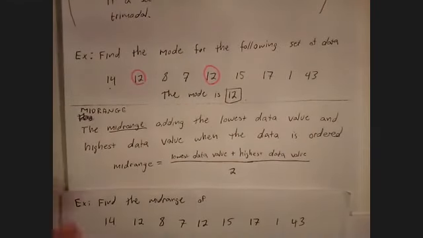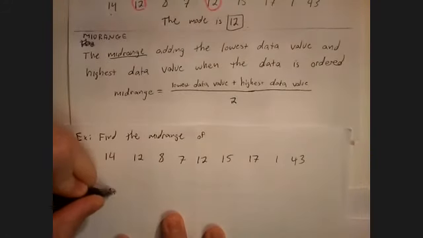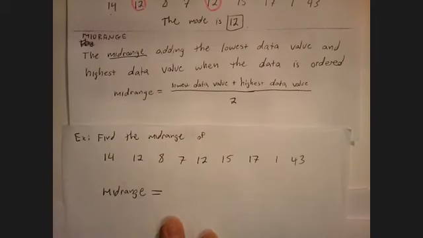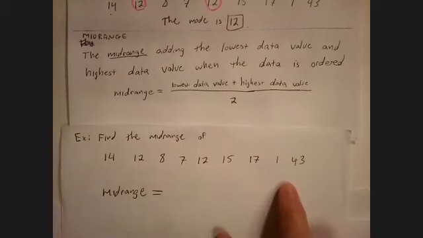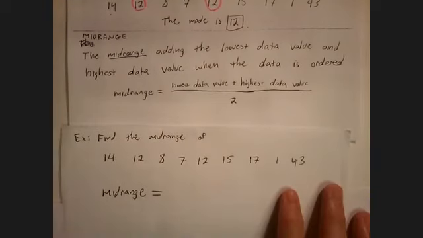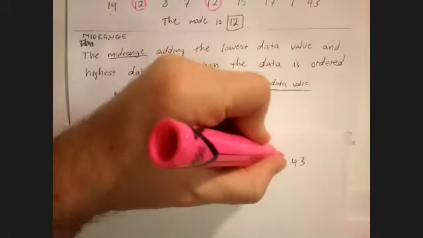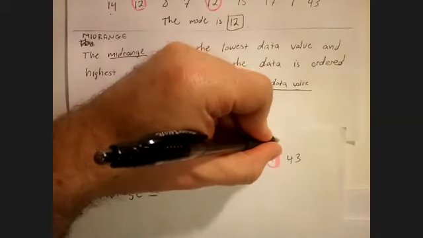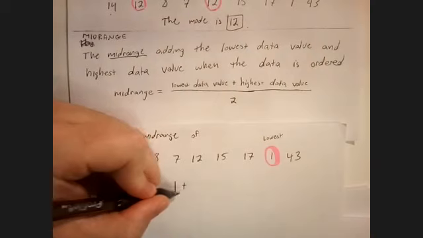All right, so all I got to do is find the highest value. I don't have to actually rewrite smallest to largest. It would help. Since this is a small enough set, I can just see clearly that this is the lowest. If the numbers are large, you might need to rewrite it. If the data set is large.